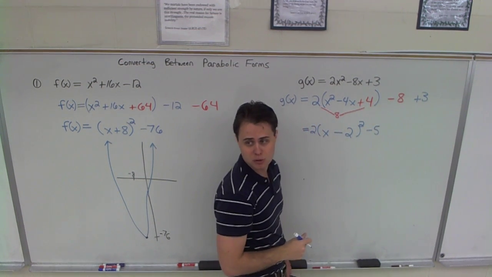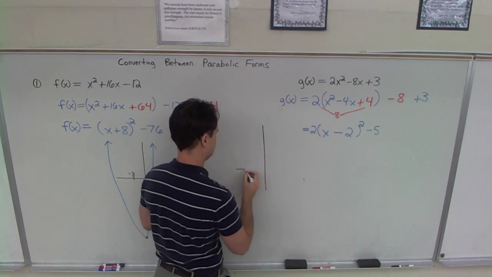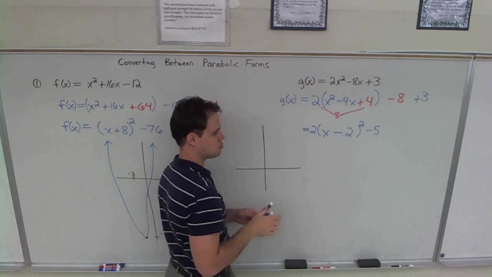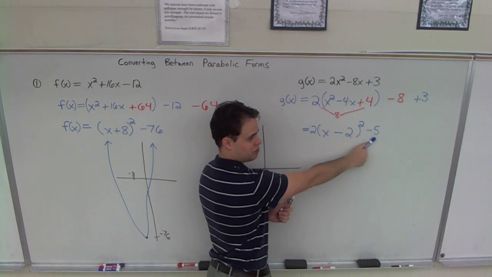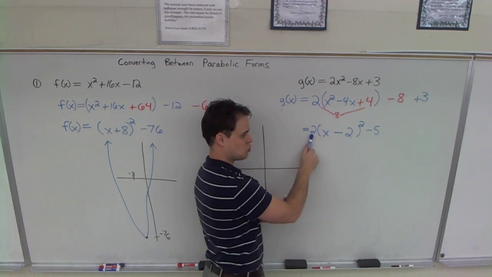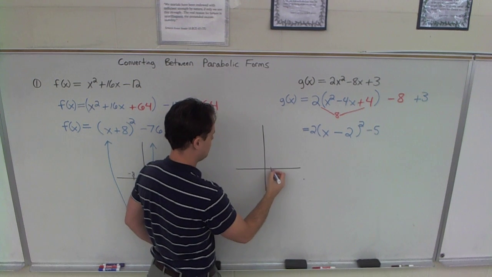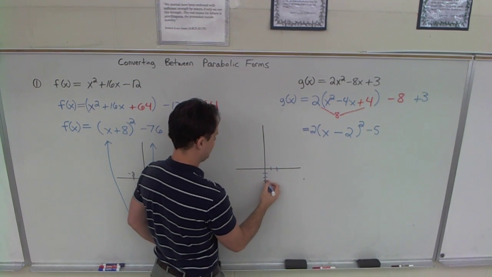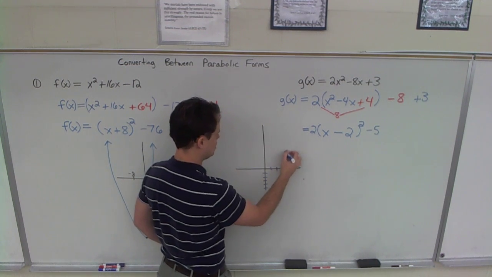Now it's transformation form. So I could sketch this guy if I wanted to. You guys tell me, where's it been transformed? Right 2, down 5, stretched vertically by 2. So this is going to be right by 2, down by 5, still facing up a little bit steeper.